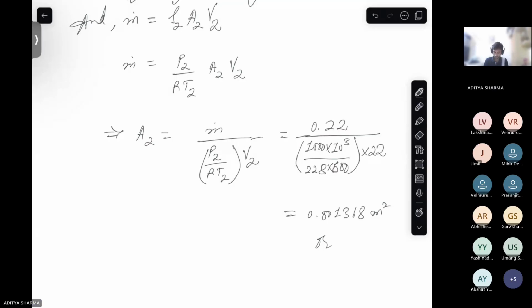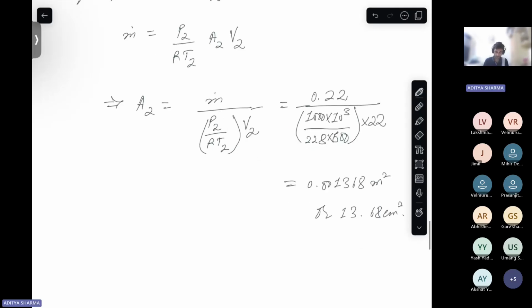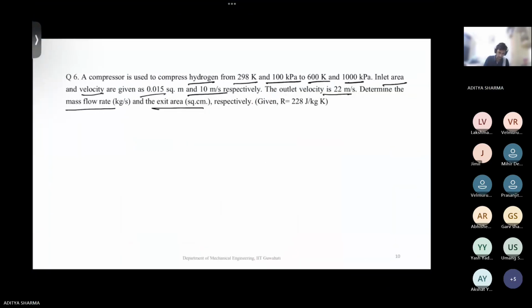If you convert this into centimeter square, multiply it with 10 raised to power 4. So this is 13.68 centimeter square. Okay, so this is done. So these are the answers.